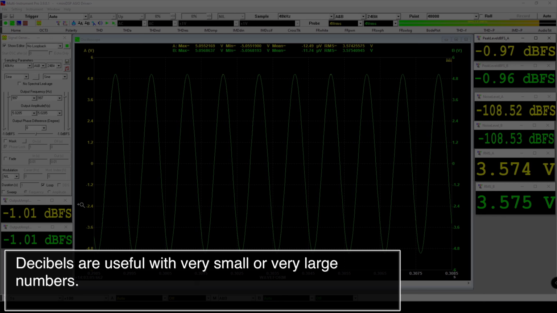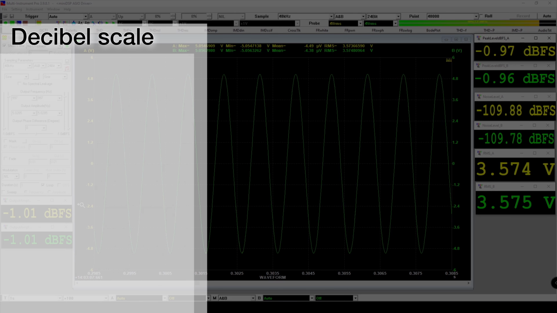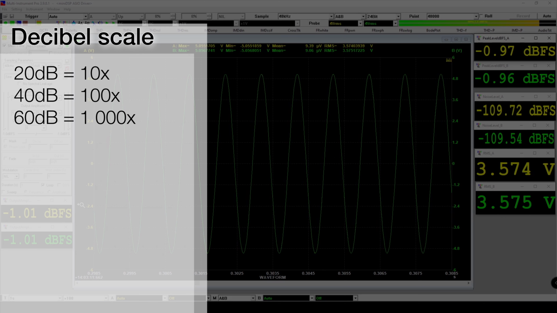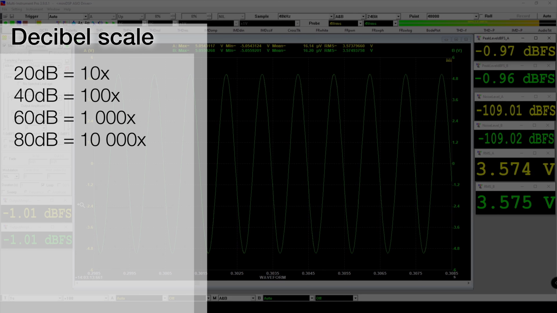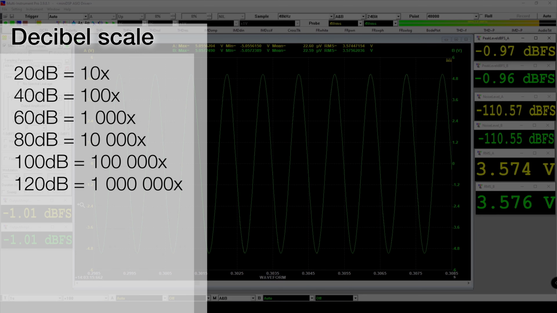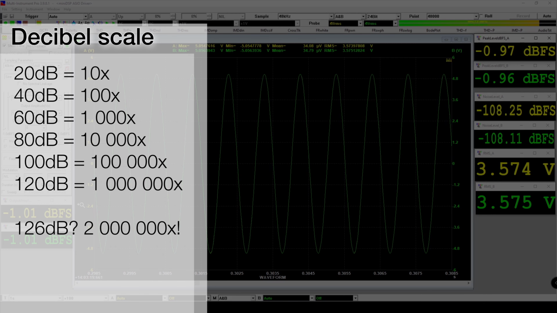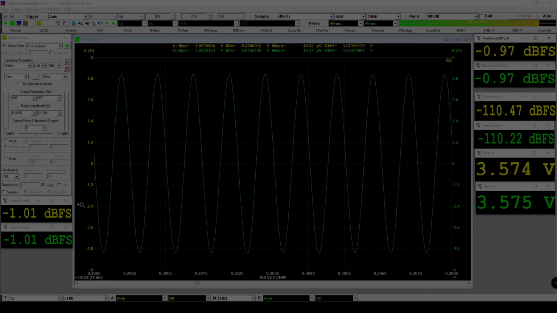For example, a factor of 100, 1%, it's 40 dB, but then 1000 is 60 dB, 10,000 is 80 dB, and 1 million is 120 dB. So for example, plus minus 120 dB, we can cover a huge range.